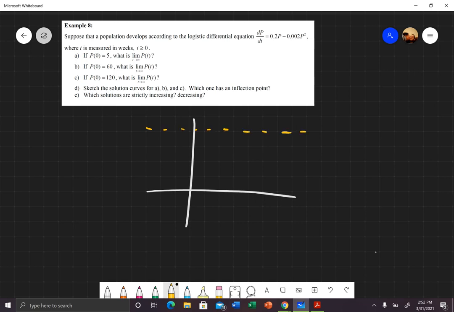So we have a limit up here. This is my limit. And we know that a logistic growth model looks something generally like this, right? So as these all approach infinity, they're all going to approach this limit right here. So the question becomes in this problem, what is the limit?